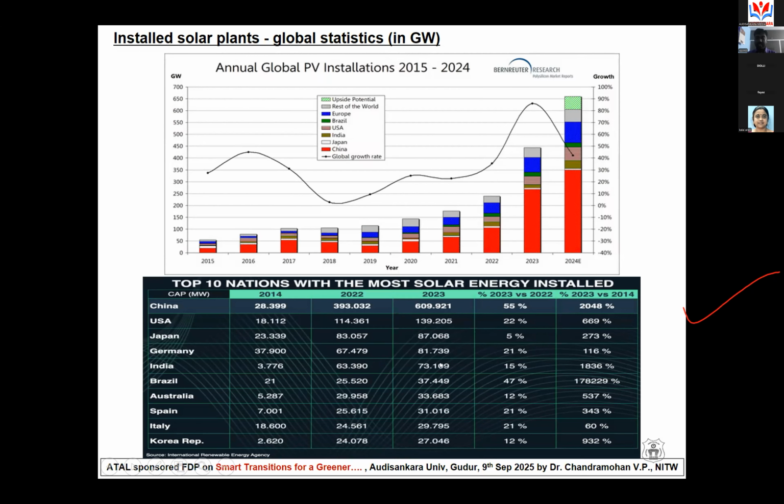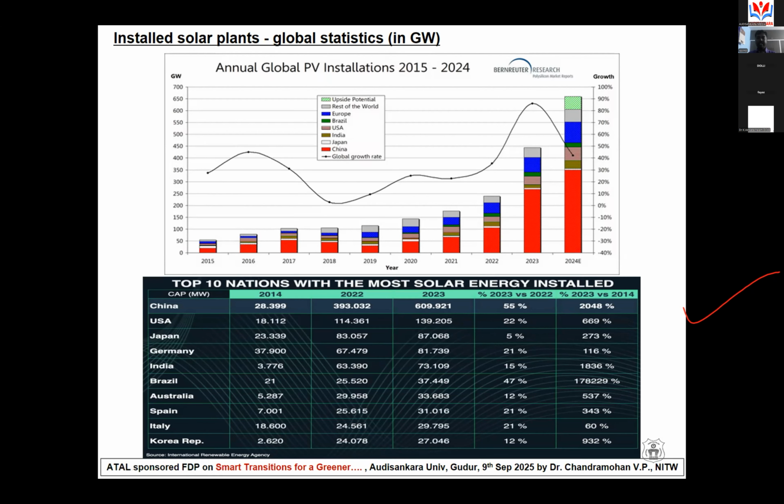But China is giving a 609 value, while India is only 73. The recent 2024 report is on the next page, but still you can imagine how far behind China India is.